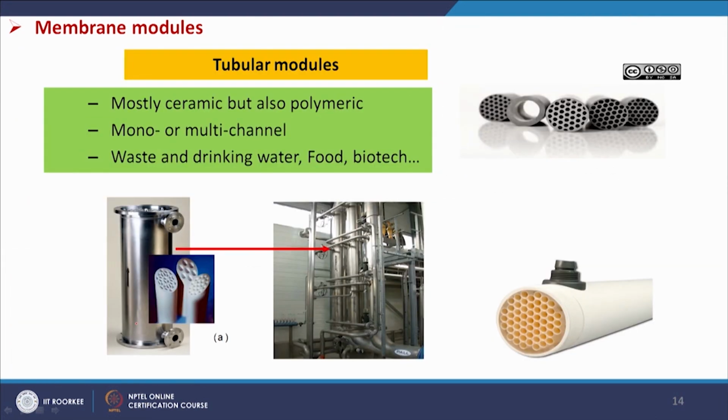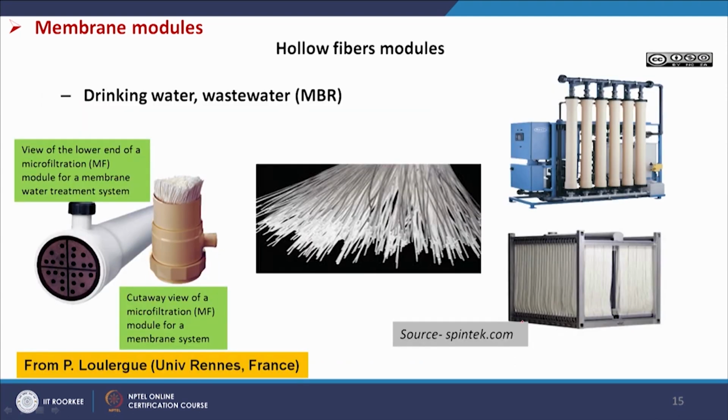And then tubular modules. Mostly ceramic, but also polymeric, and mono or multi channel is possible. These modules are used for wastewater and drinking water, food, and biotech applications, as shown here. Then the hollow fiber module.